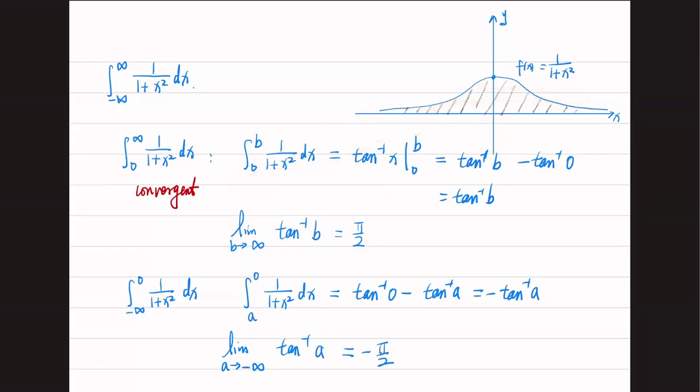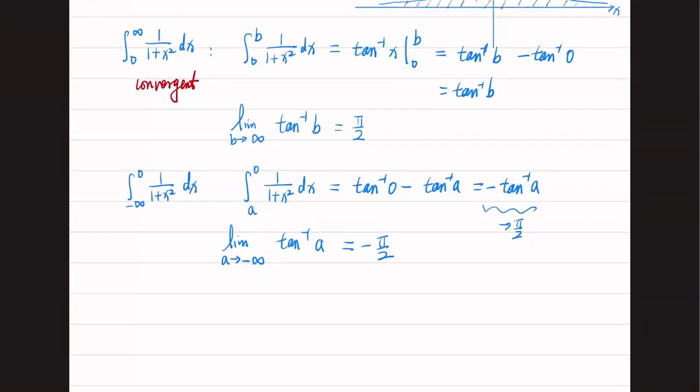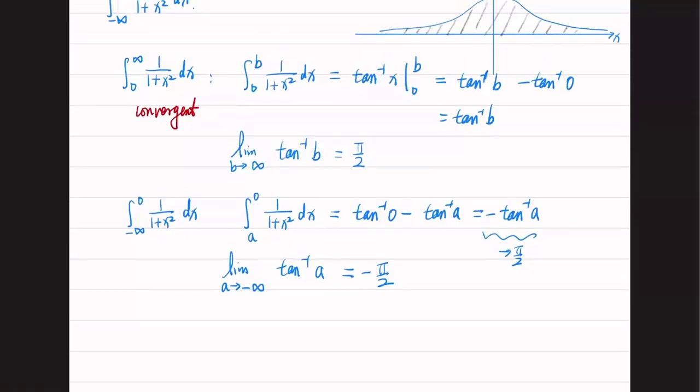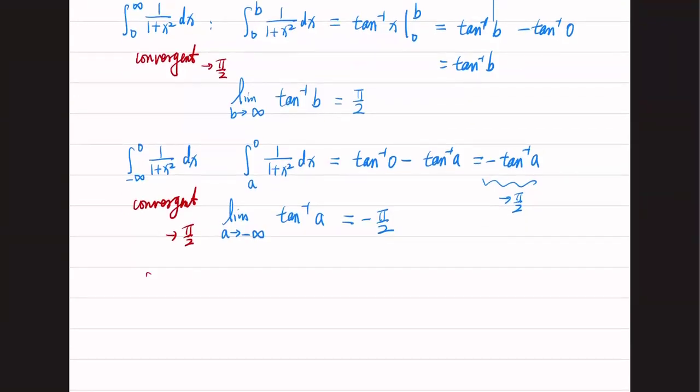So with a negative sign, this will go to pi over 2. So both are convergent.